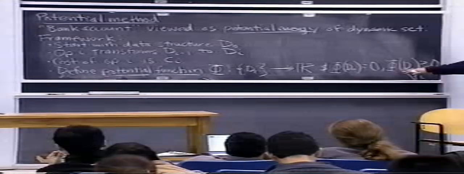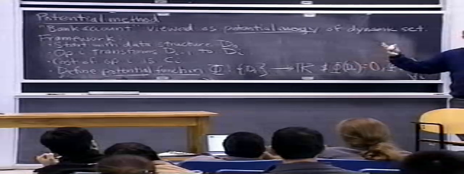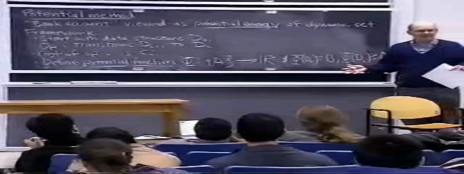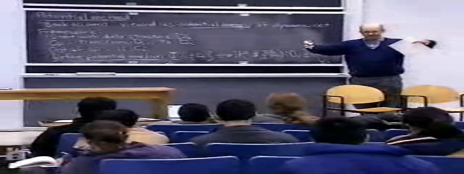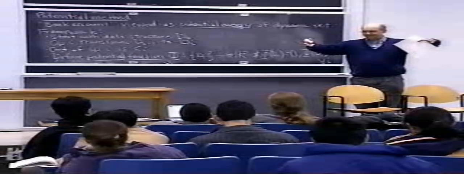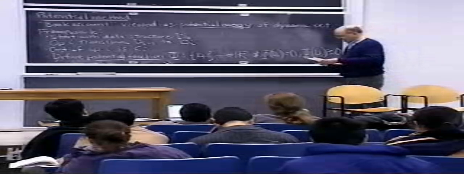So if you think of the potential function as saying, what's my bank account? We're just saying your bank account starts off at 0, and it's always non-negative. You never have a negative balance.